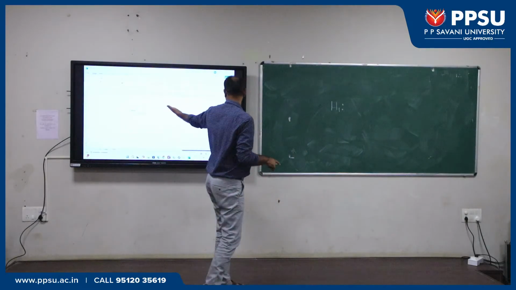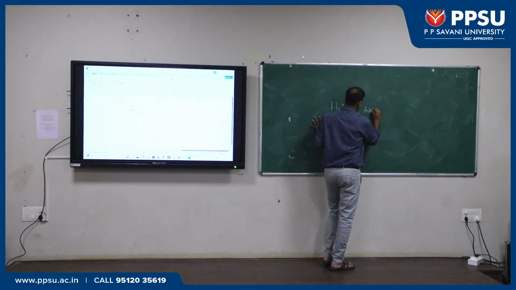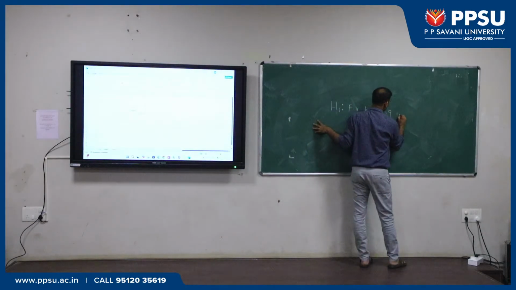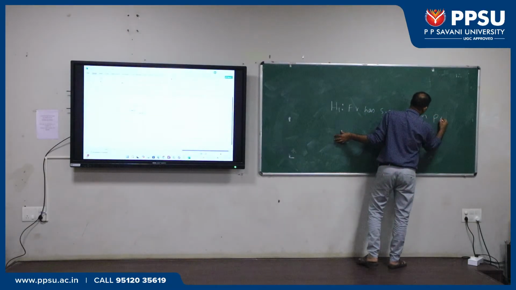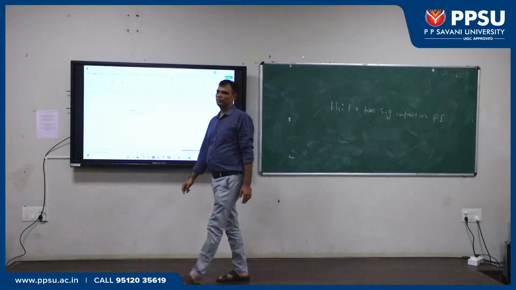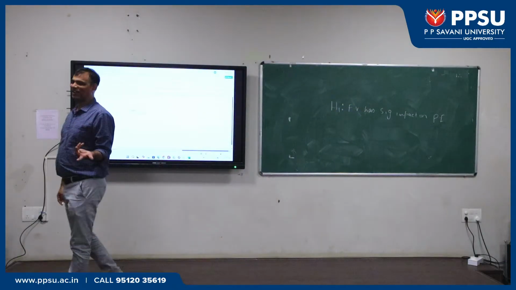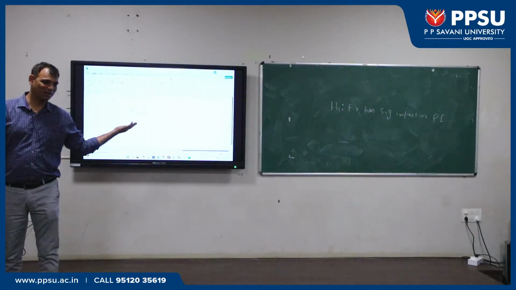Why? What is my alternative? My alternative: FV has a significant impact on purchase intention. Now can you tell me what the null hypothesis is? Why are you writing it? Everyone is smart and intelligent enough to know it is no significant impact.